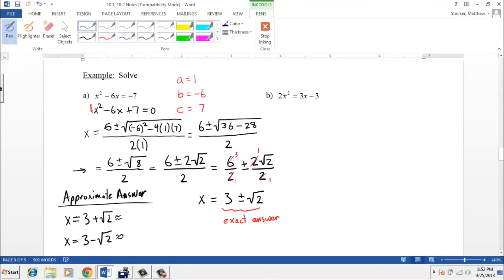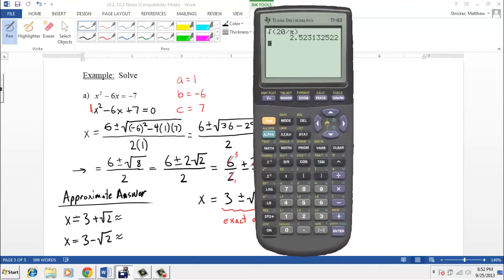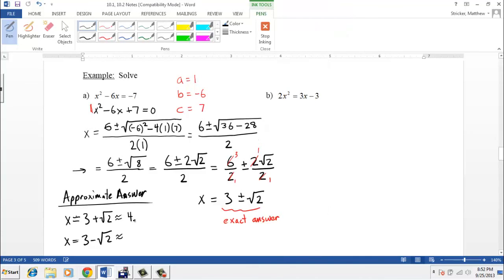You're going to want to pull out your calculator again. Calculate 3 plus square root of 2 and 3 minus square root of 2, which approximates to about 4.4 and 1.6.